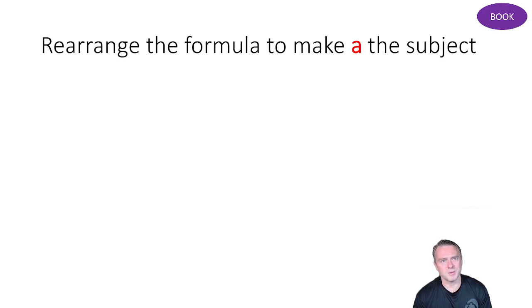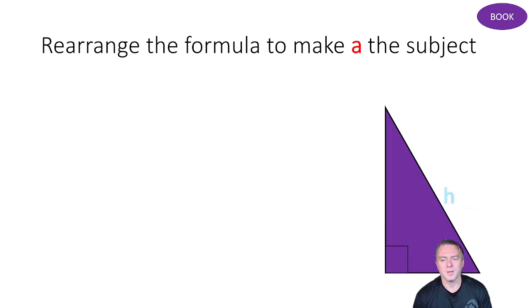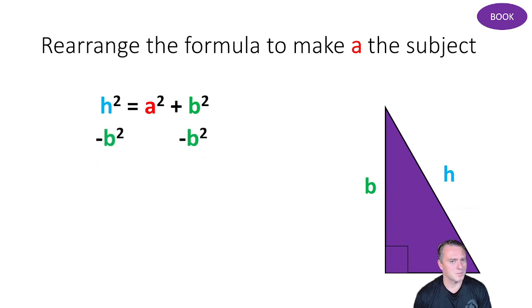The more concise way of doing that, though, is to write a formula. So if we've got the hypotenuse, we've got B and we've got A, and we want to rearrange it so we make A the subject in this case. We've got H squared is equal to A squared plus B squared. What we can do is subtract the B squared from both sides.